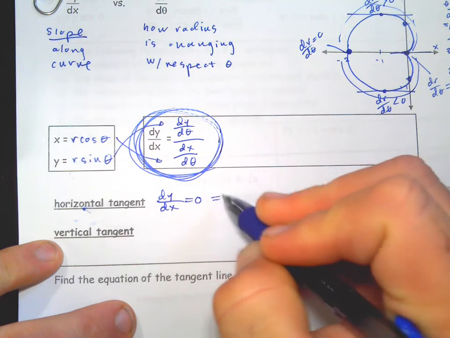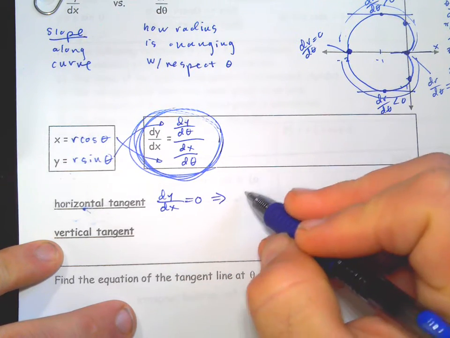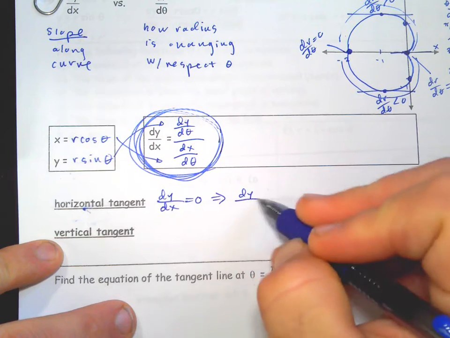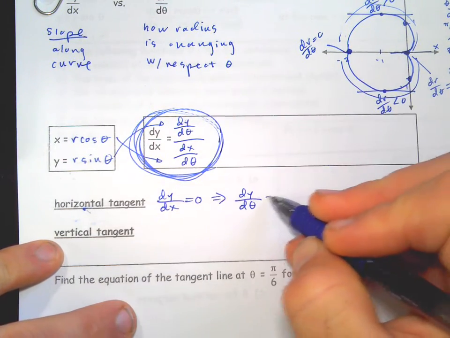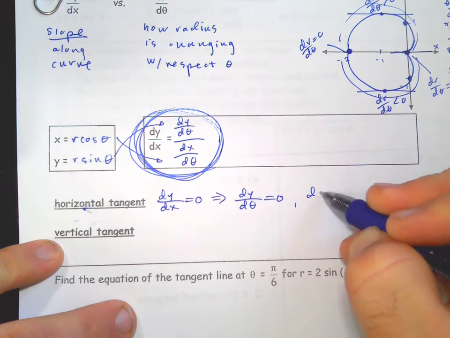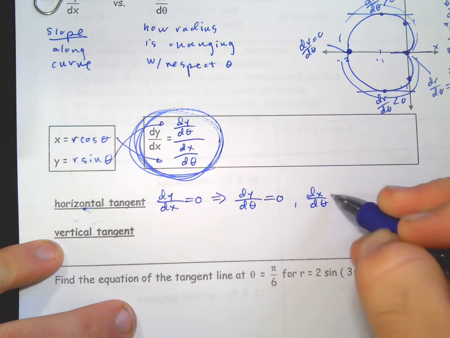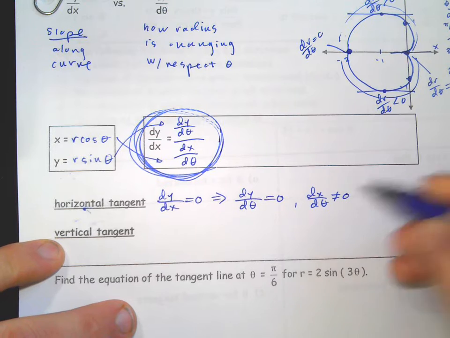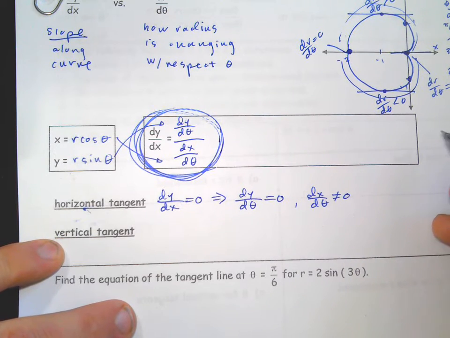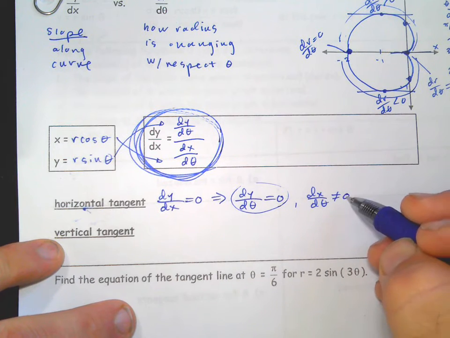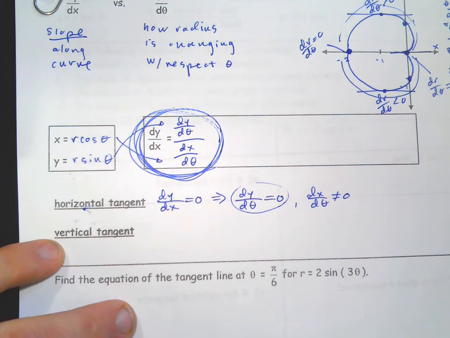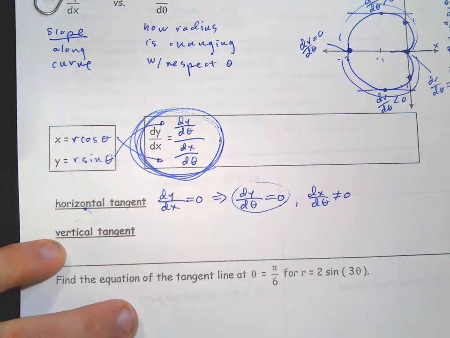That's what we've always done to find horizontal tangents. More specifically, the numerator of our expression for dy/dx is 0, and dx/d theta is not 0 at the same time, but it could be. If this is true, then it's for sure horizontal. If they're both 0, then we're going to have to maybe use L'Hopital's rule. It might turn out to be one or the other or neither.